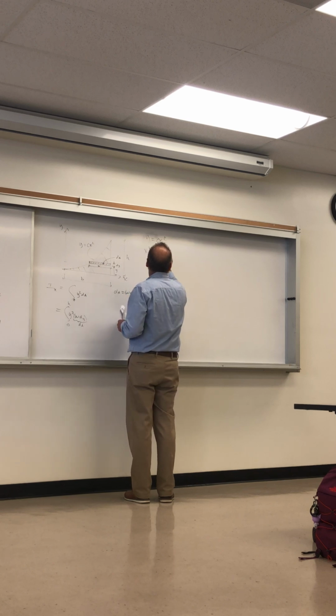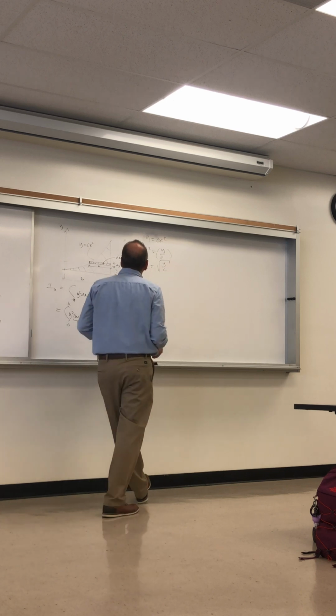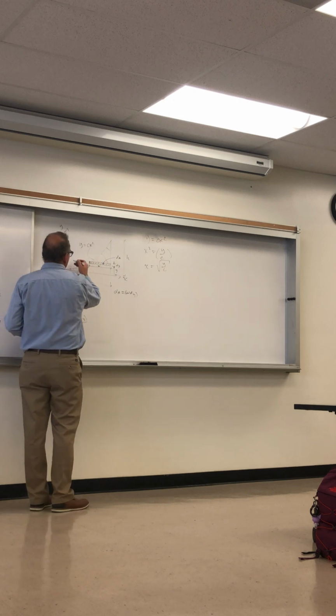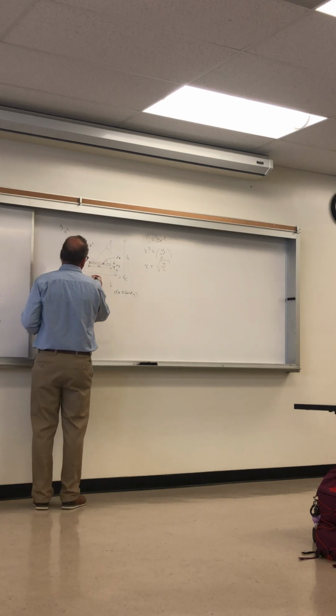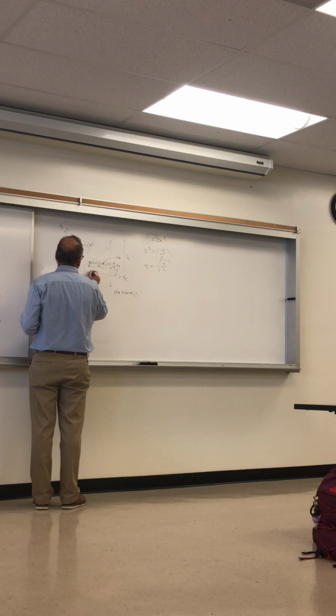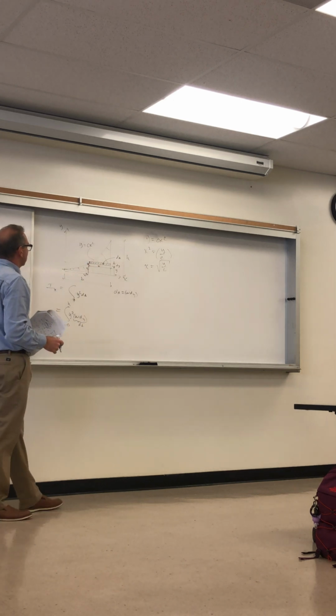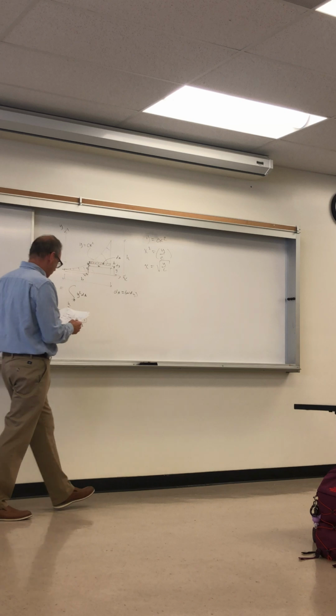X squared is y over c. X is the square root of y over c. So for a given y location, as we're going up, we're at a given y position. So knowing y, we know x.